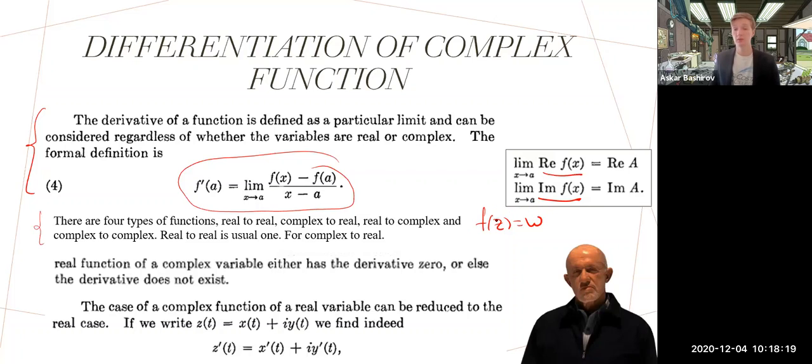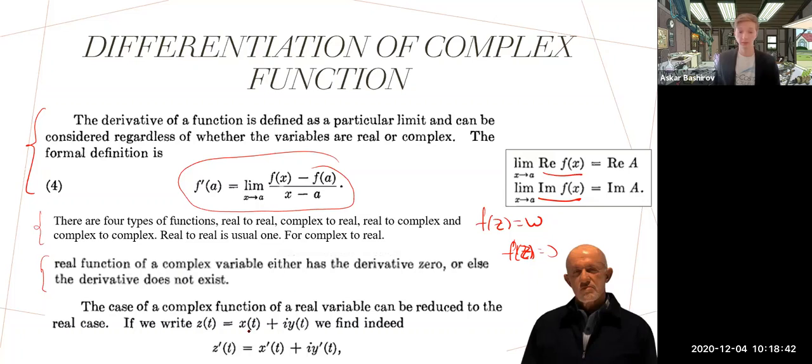Complex to real means z is complex and w is real. Real to real is what we do in Calc 1 and Calc 2. Complex to real has a very nice derivative: it's either 0 or does not exist.